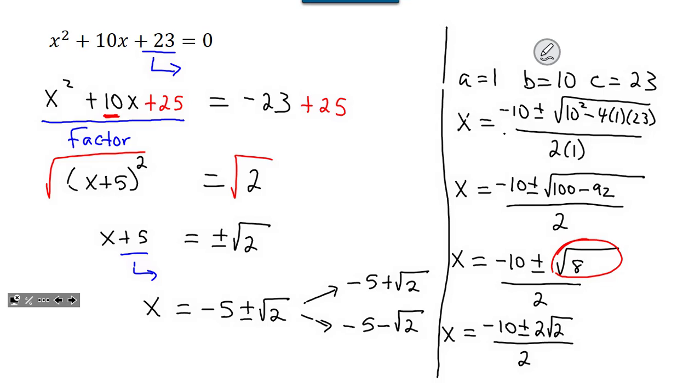So now that I have it in that form, what I have to look at is, does this number here, the negative 10, does that number there, the 2 that is outside of the radical, and does this number down here in the denominator, does that 2? It has to be something that's common to all 3 of those numbers. If you cannot find a number that goes into all 3 of those numbers that I have underlined, then you cannot simplify anymore.